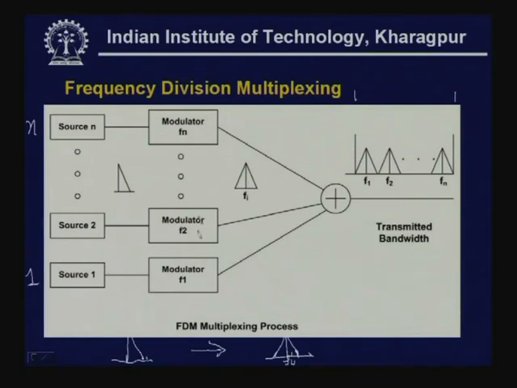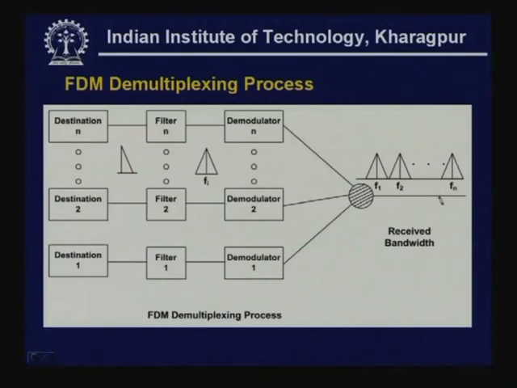So after modulation we are combining them and then sending them through the transmission media. If it is air, then you do not have to do this, because all the signals will be sent through the air, and at the receiving end the separation can be done by a suitable technique. As shown here, we are receiving the different signals F1, F2 up to Fn.